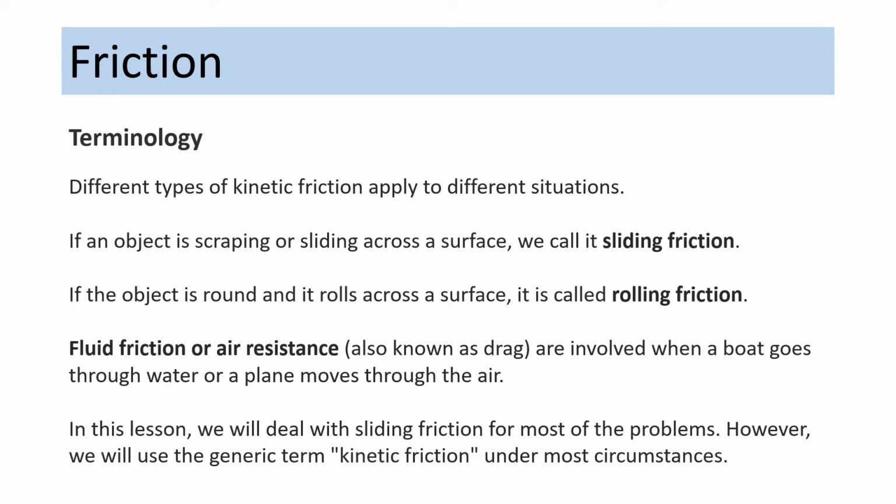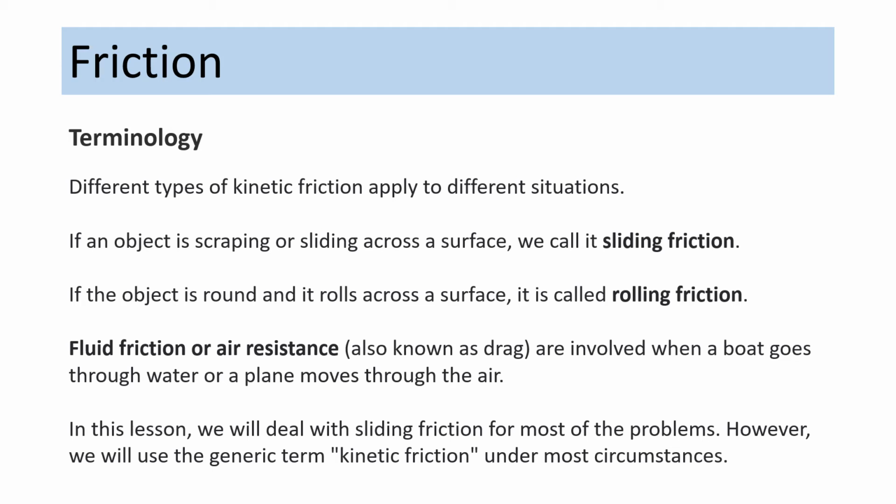So we have different types of kinetic friction depending on the situation. If an object is scraping or sliding across a surface, we call it sliding friction. If an object is round and it rolls across a surface, it is called rolling friction.